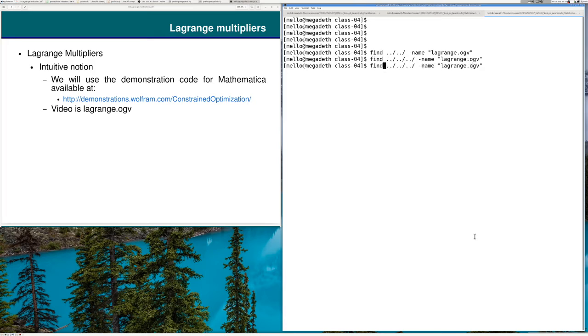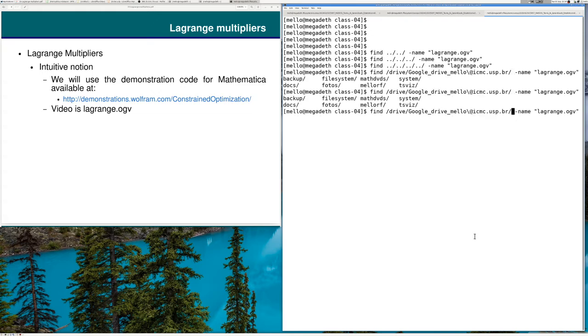Where is it? Maybe over there, no. Maybe, just maybe, it is here in my backup files. I think it's over here probably. Let's see. Yeah, let's try. Maybe it's there. No, it's not.